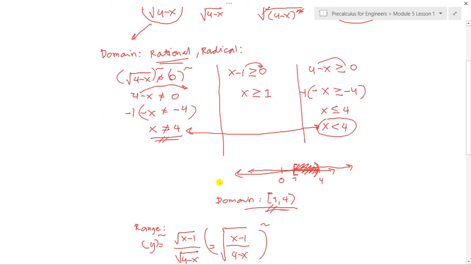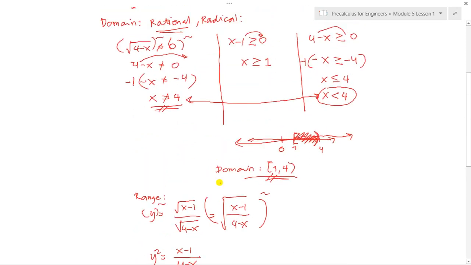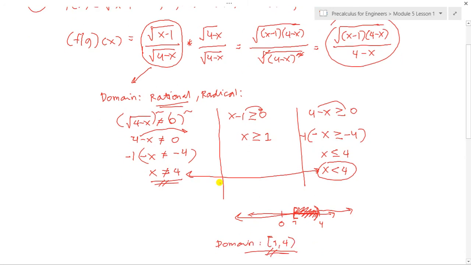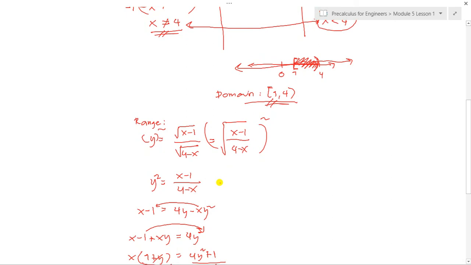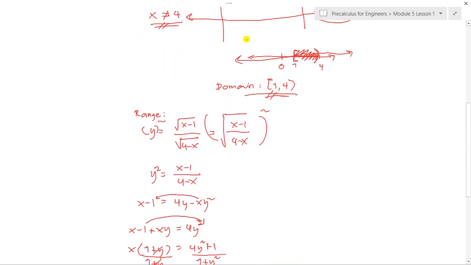Yes, I think we're correct. Yes, correct. Let's verify if we can have negative infinity to positive infinity.